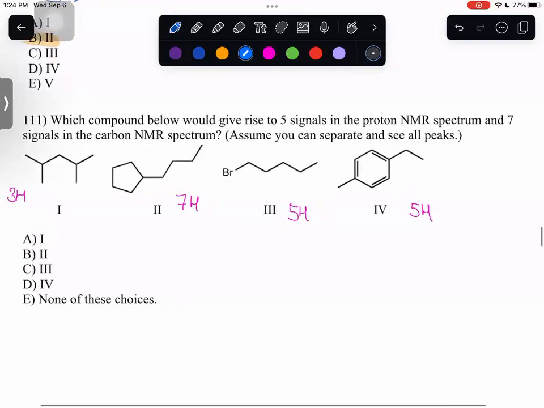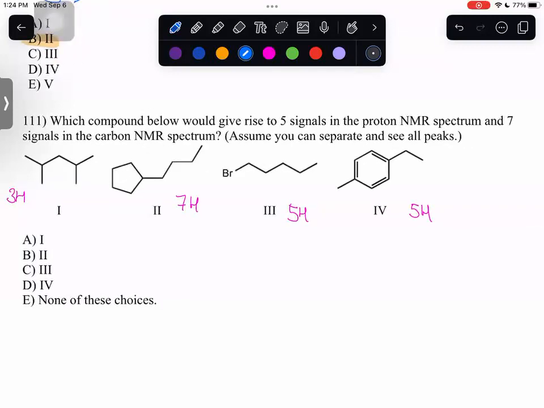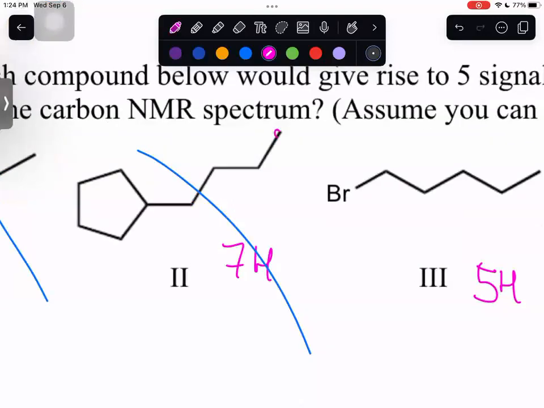So for this one, first thing, just look at the HNMR signals. We can just cross out 1 and 2. They don't match the number of signals, so we're between 3 and 4, right? Next thing, just count the number of CNMR signals. How does 2 have 7? Let's look at that one. So those are 1, 2, 3, 4.